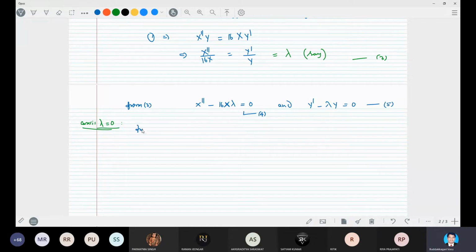Now from 4, when lambda is equal to 0, the equation becomes X double dash is equal to 0. That implies the solution is X of x is equal to, can anybody say, a1 x plus b1, right?